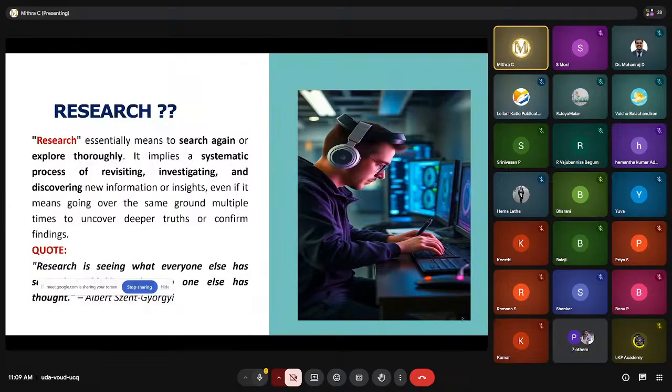From the word itself, we can understand that again and again we are going to find out new things, or understand things better, by asking questions, analyzing results, and looking for answers. So let us assume a researcher is like a detective. What does the detective do? He will try to solve the mystery by gathering the available clues. Based on that, we are going to follow how research works.